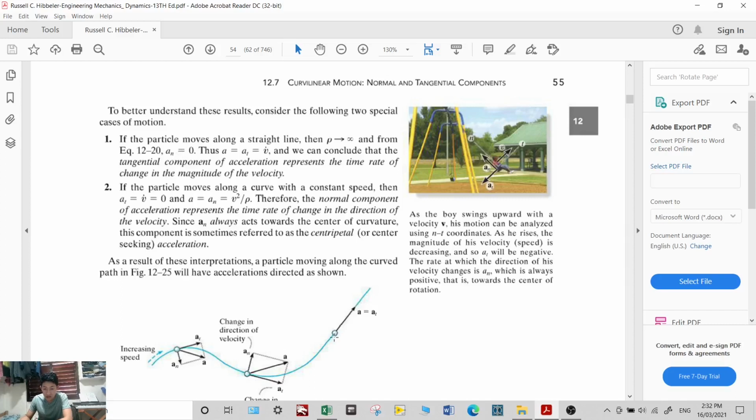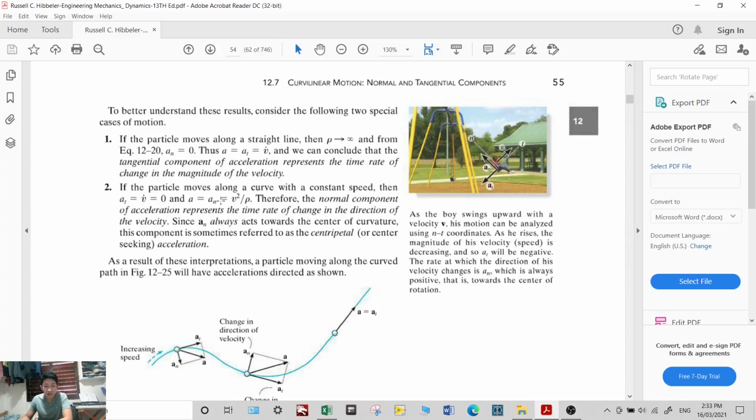Because there is no curve. So if it is a straight line, you go back to the equations of rectilinear motion. In rectilinear motion there is no component along the normal, so your acceleration would be the tangential only. And we can conclude that the tangential component of acceleration represents the time rate of change of the magnitude of the velocity.